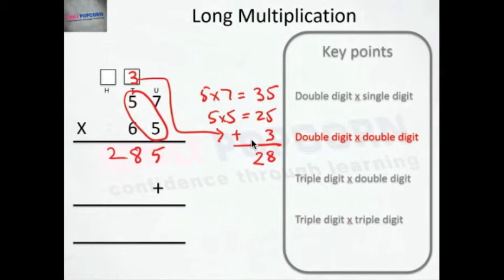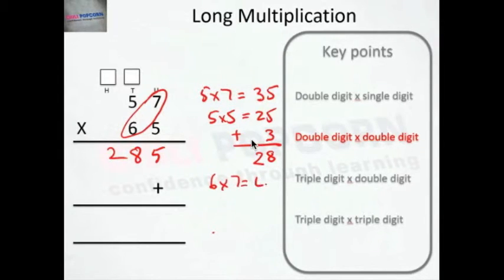Do a little bit of tidying up. I've put the plus sign here already for you. So remember, first thing we did is 5 times 7, and then we did 5 times 5. Now we're going to do 6 times 7, this thing here. So 6 times 7 is equal to 42. So we write down 2, carry over 4.